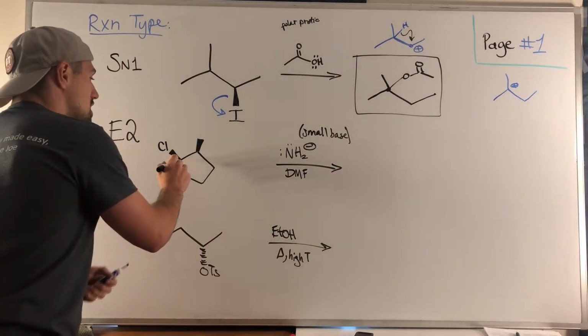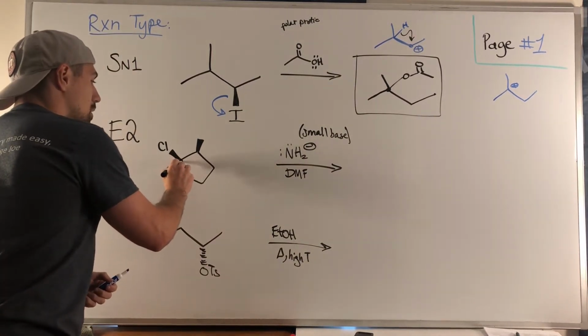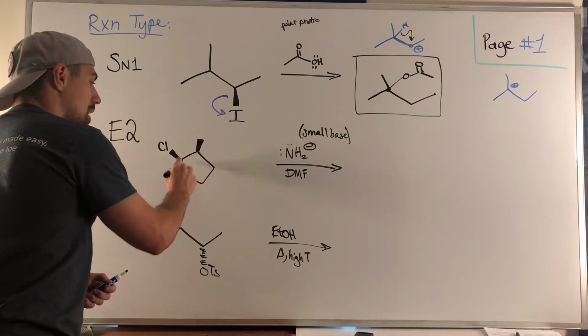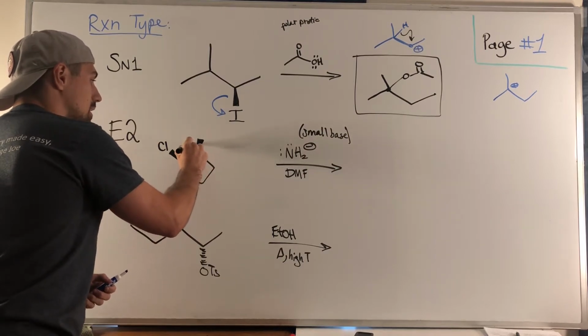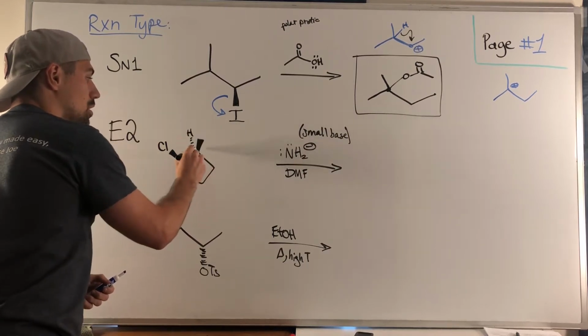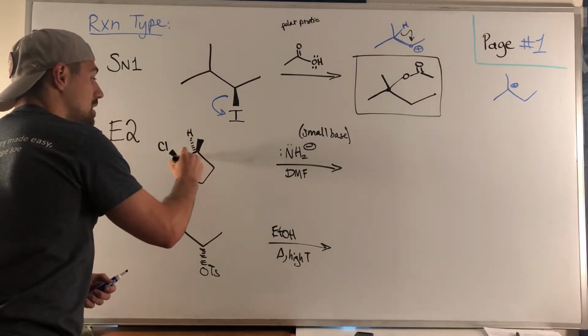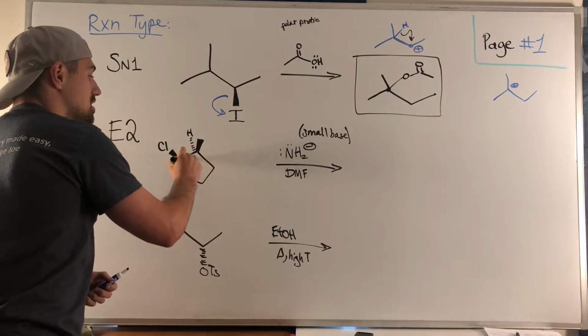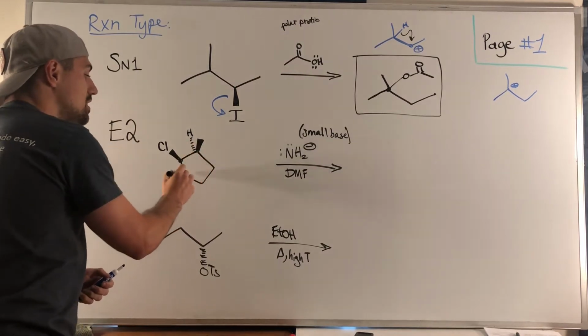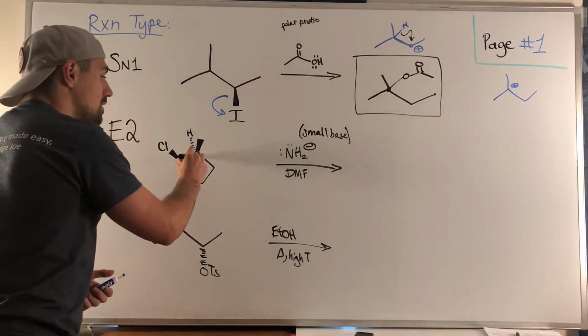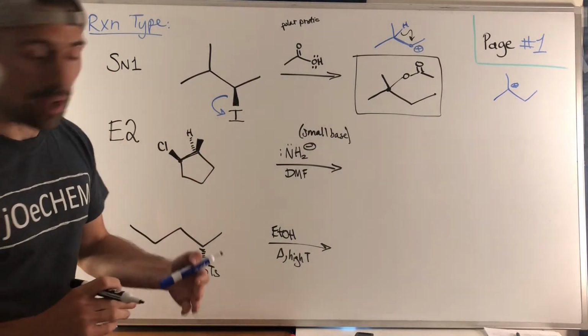Now, because this is our carbon with the good leaving group, we can either eliminate this way or this way. Luckily, the carbon we want to eliminate a hydrogen from to make the most substituted double bond is this carbon right here, because this is secondary, this is tertiary, this is secondary, this is secondary. So making a double bond this way, that's a more substituted double bond.